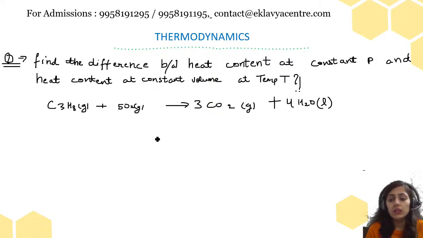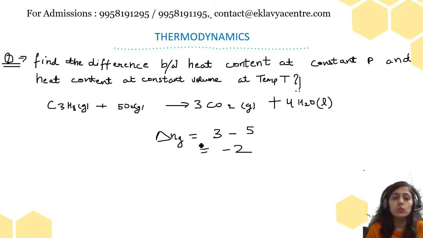So let's try to find out the value of delta Ng. What is delta Ng? 3, because 3 moles of CO2 minus 5 moles of oxygen. It's minus 2. And we know, they have asked us to find out the difference between heat content at constant pressure and heat content at constant volume.